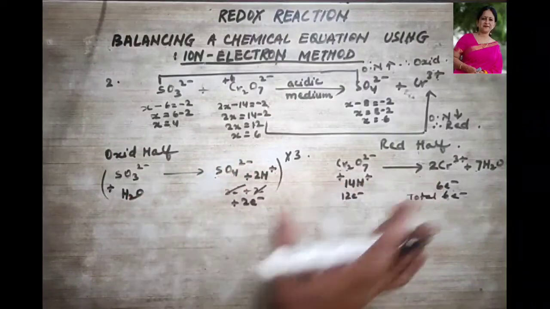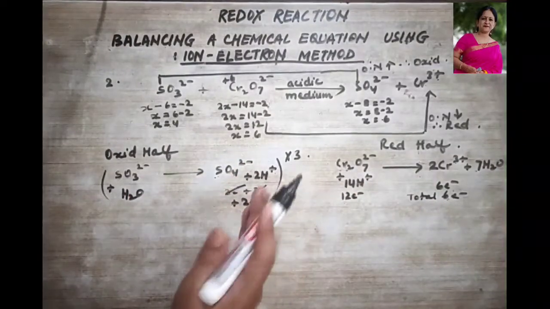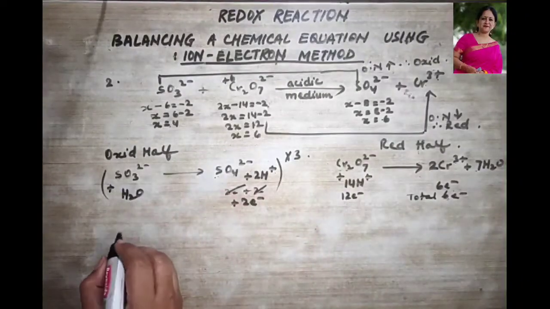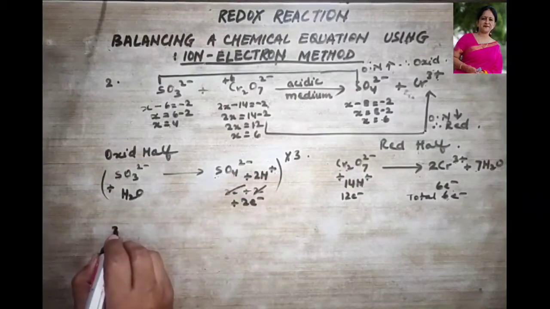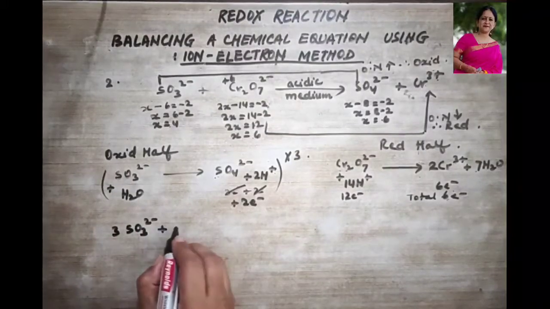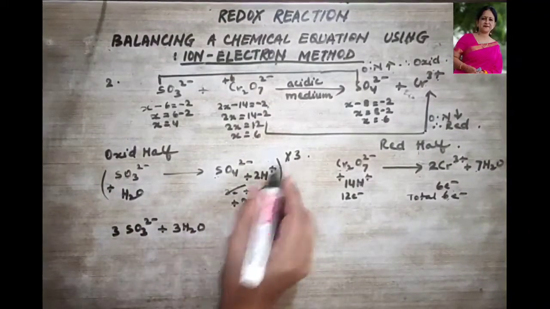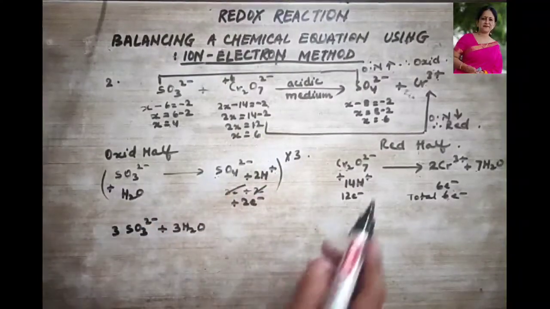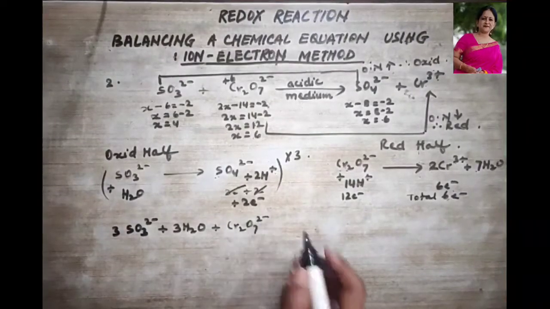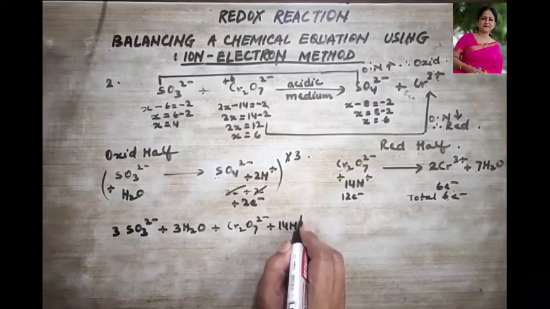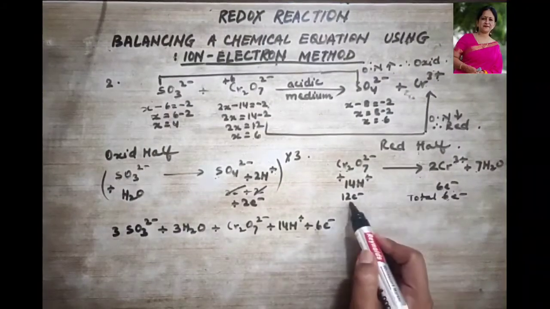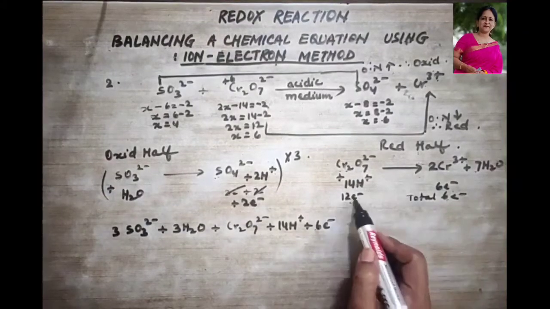So now what we have to do? Add up both oxidation half and reduction half. So first the reactants of both and then the products of both. So start doing that. 3SO3 2 minus plus 3H2O, plus this is Cr2O7 2 minus plus 14H plus 6 electrons because over here we had subtracted the 6 electrons from here.